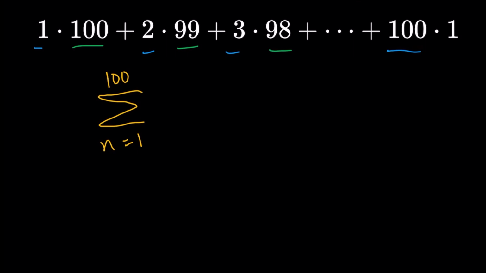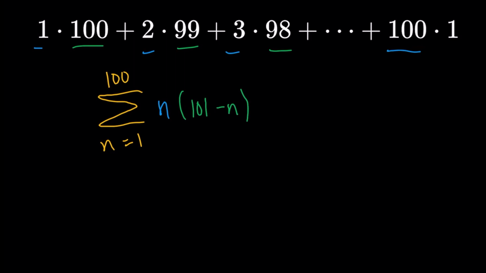Now, we can do some observation. The left numbers are already 1, 2, 3, and so on. That indicates the nth term, so for the blue terms, I can just represent it as n. And for the green terms, it's going down by 1 each time, so I can write the green terms as 101 minus n.